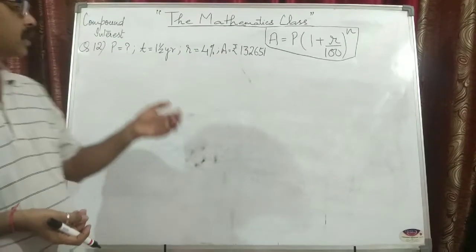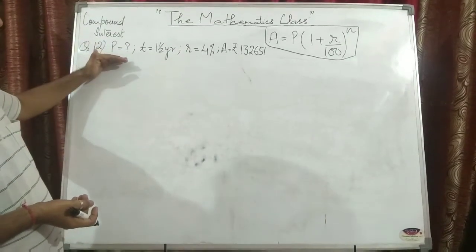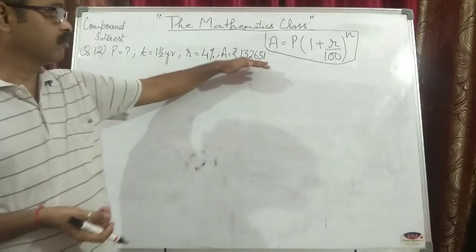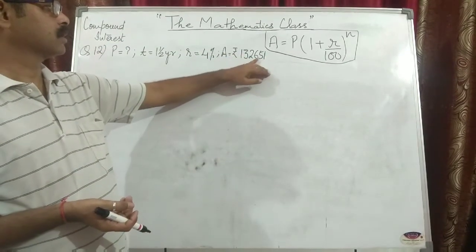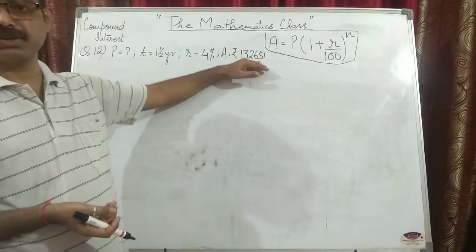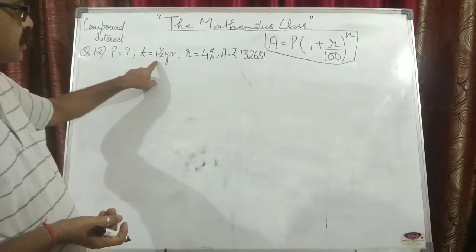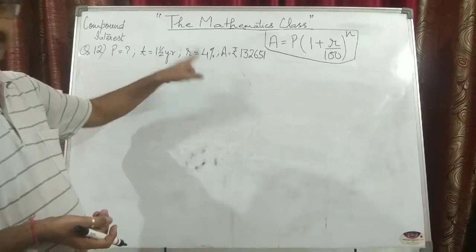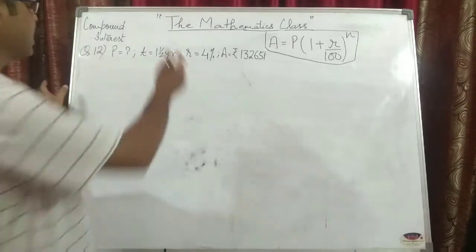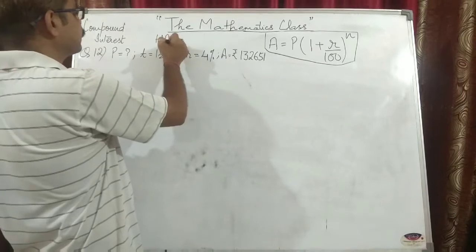The question says, what principal will become 1,32,651 rupees in 1.5 years at 4% rate of interest, compounded half yearly.